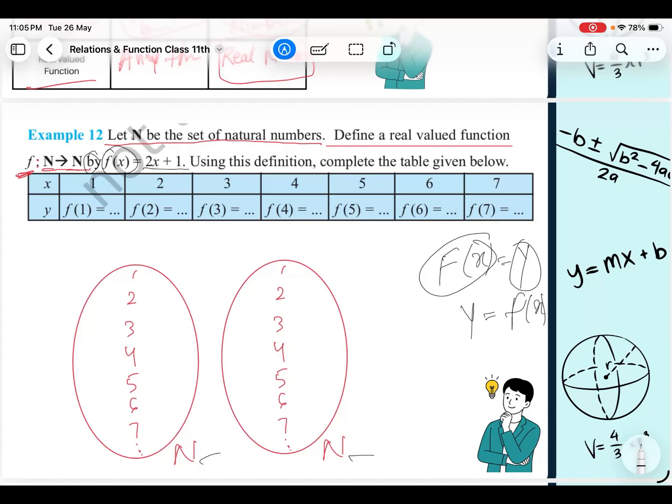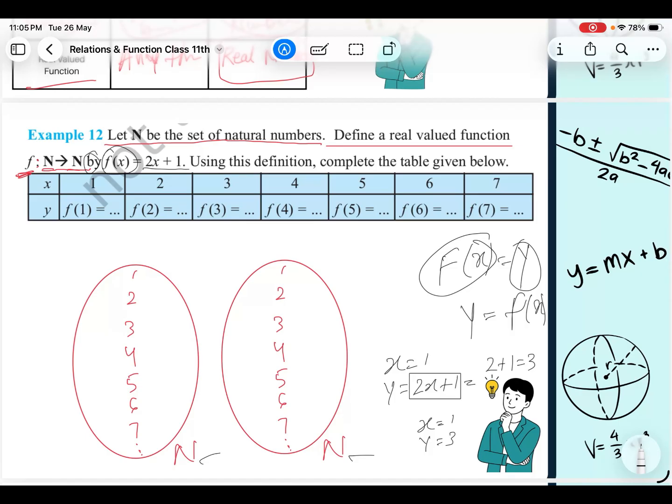So if we have x equal to 1, then y equal to 2x plus 1, that is 2 plus 1 equal to 3. Okay, so x equal to 1, then y equal to 3. Why 3? Because we have to satisfy this condition, 2x plus 1.